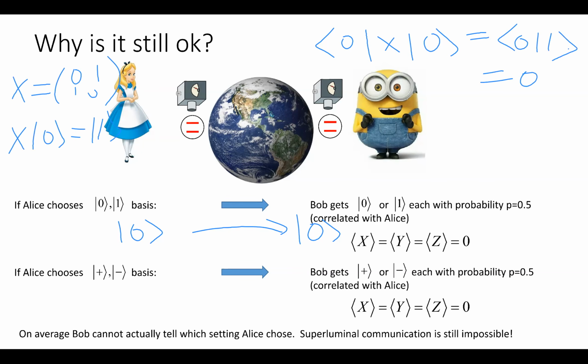Okay, and something similar happens for Y as well. So 0, Y, 0 is 0. Now 0 of Z and 0, what about this? It's still 0.